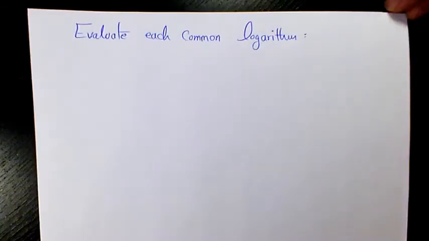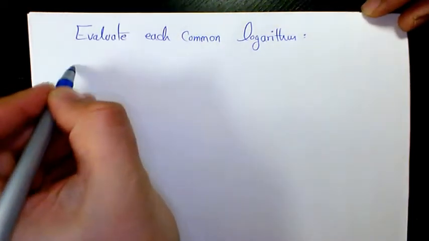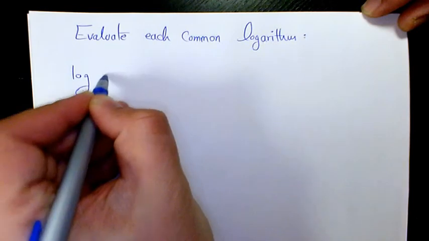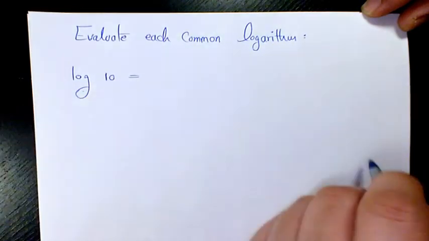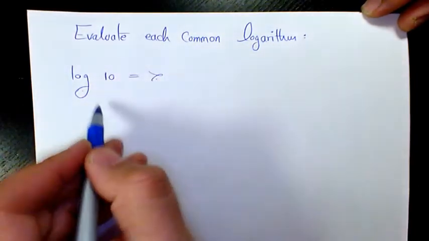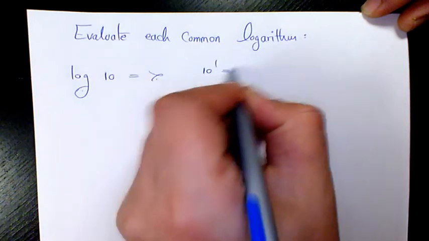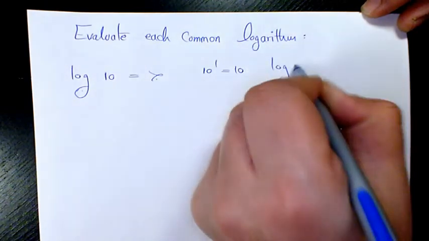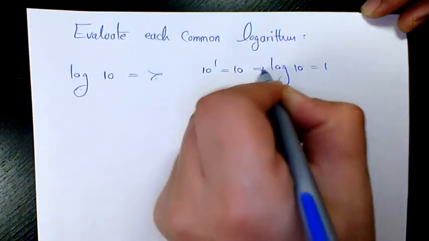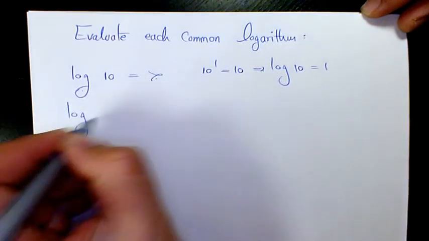Sometimes you're asked to evaluate each common logarithm. Log 10. We know 10 to the power of 1 is 10, so log 10 is going to be 1. Log 100.